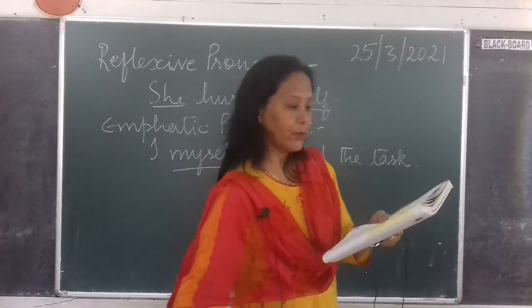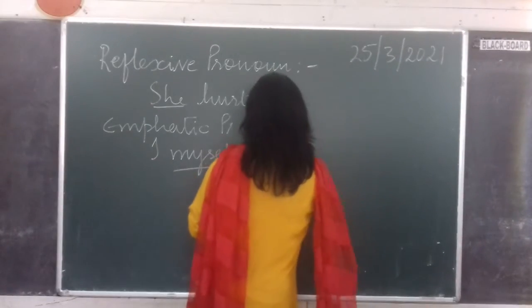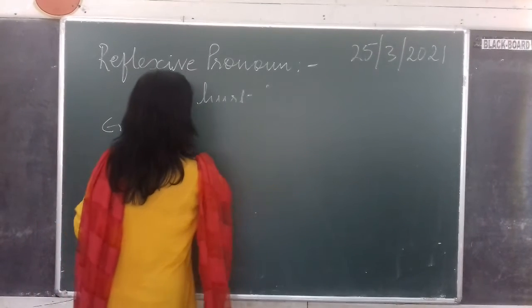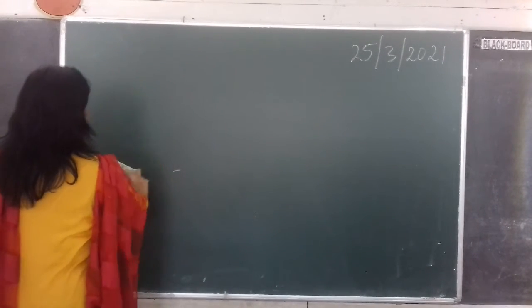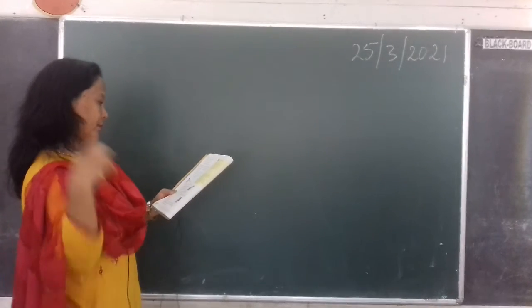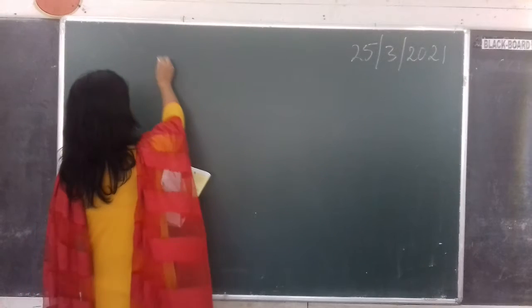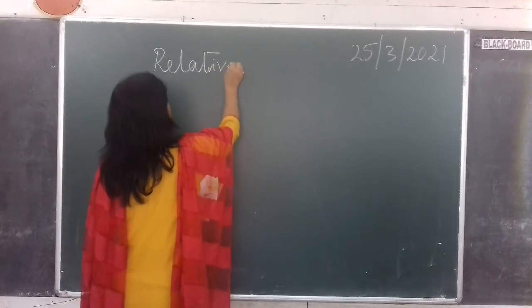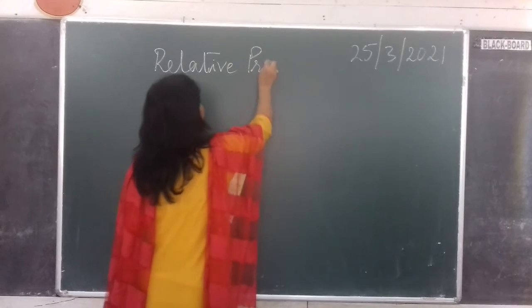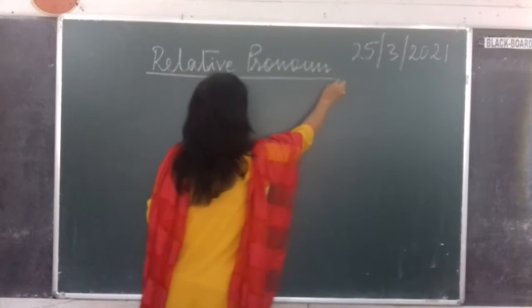So relative pronouns represent the nouns that precede them and act as conjunction. Children, we have learned conjunction is what? It's a joining word to join two sentences or clauses together, isn't it? So it's a conjunction, but here it is relative pronoun when you're joining two sentences or two clauses.